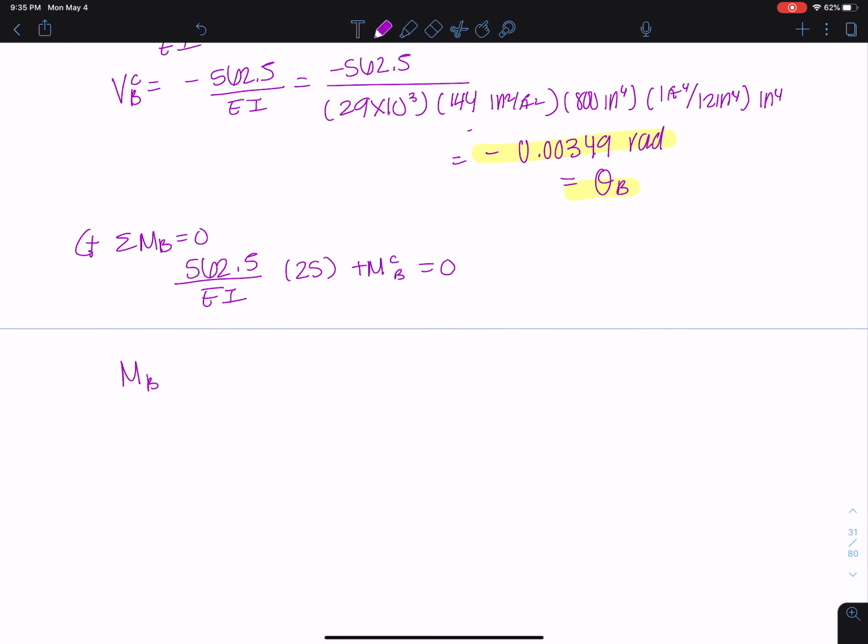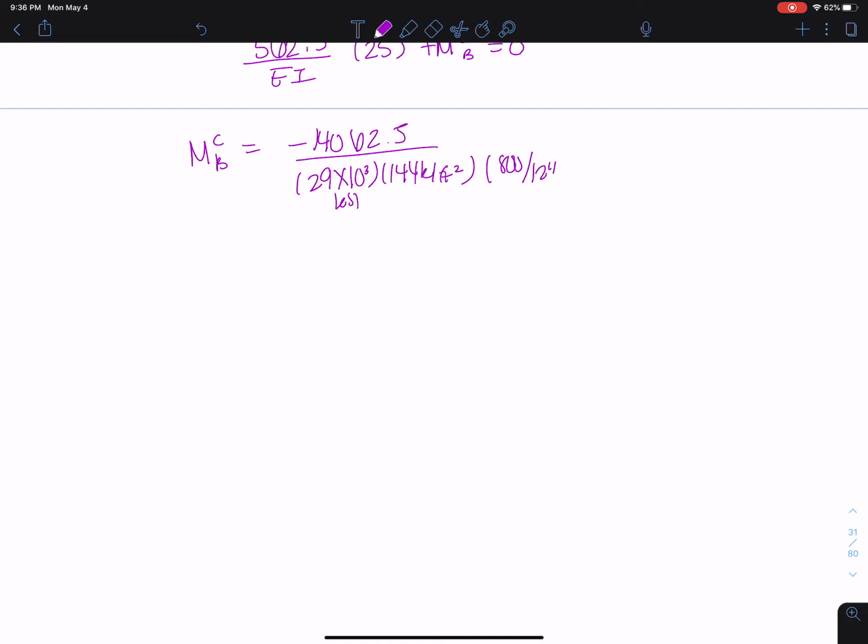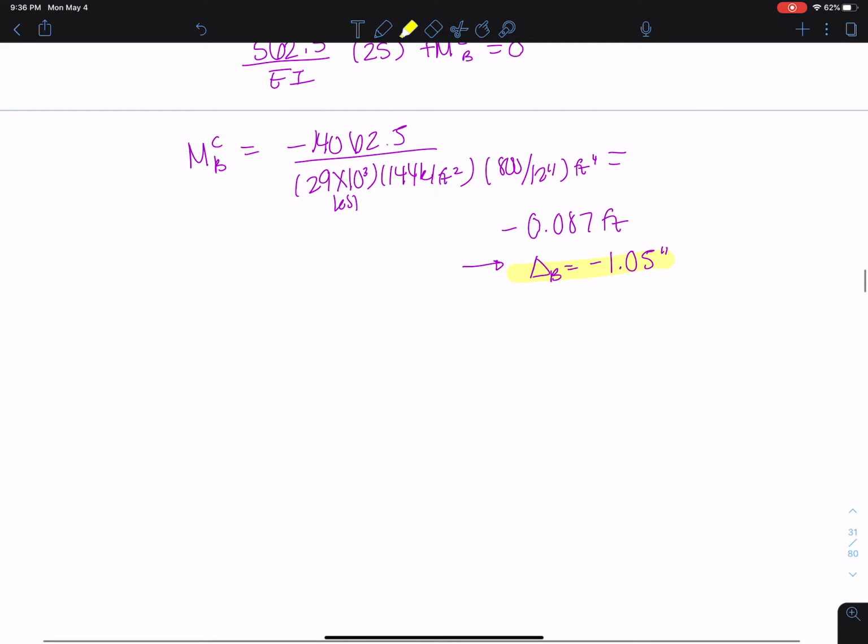We get the moment at point B on the conjugate beam is 14,062.5 over EI, in ksi, again same conversion, and we get 800 divided by this 12 to the 4th, and we end up getting negative 0.087 feet. This goes to delta B, convert to inches, and we get negative 1.5 inches.